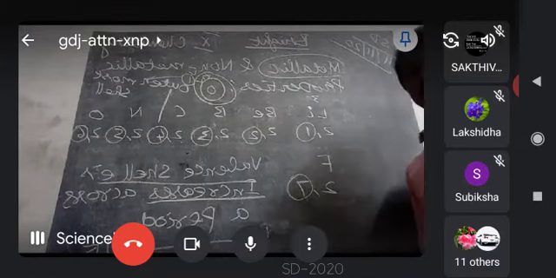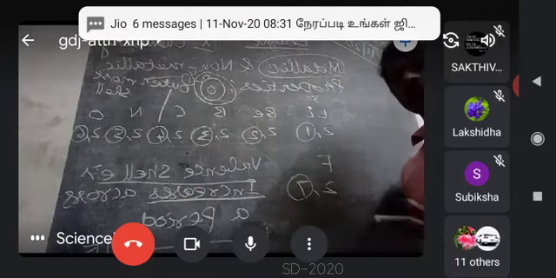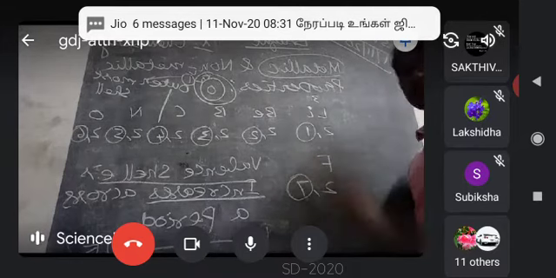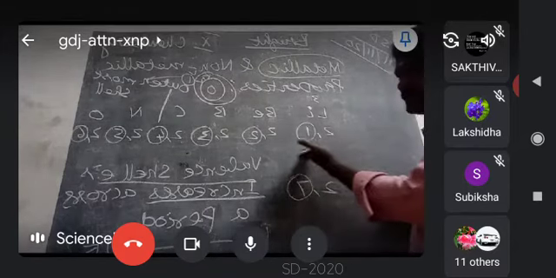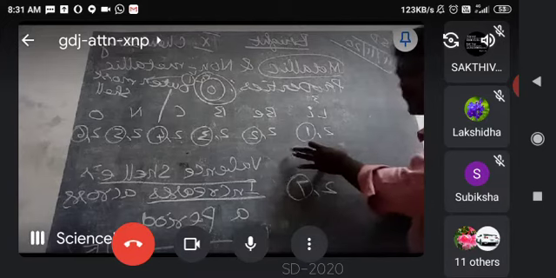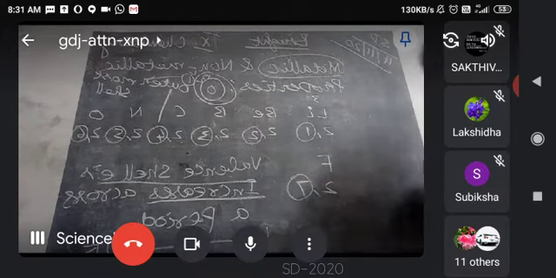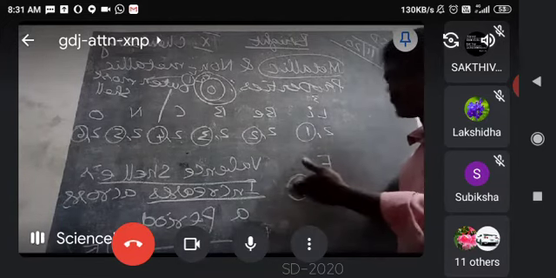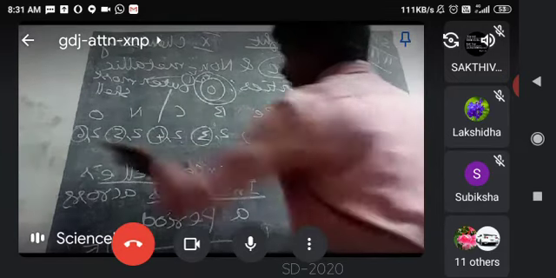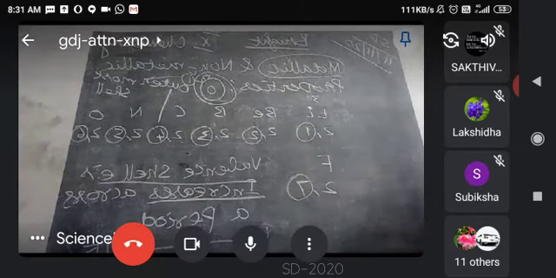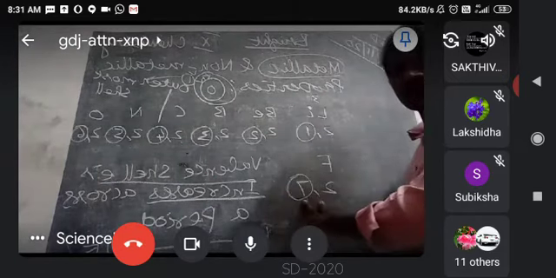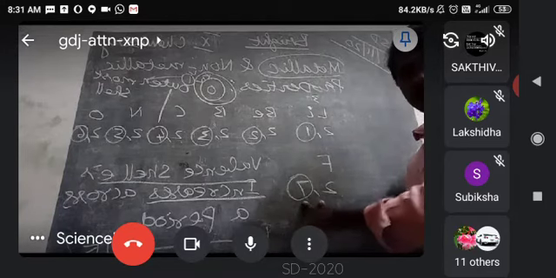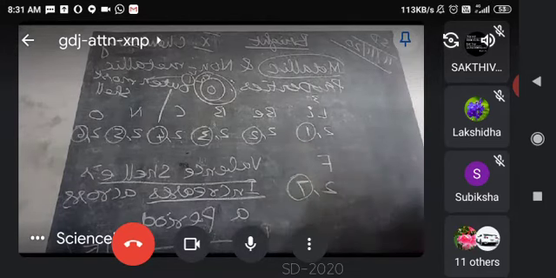Whatever question they have asked, you have to explain with some examples. It is very simple, so I have taken up the second period from left to right. Very easy: you can find only two shells, K and L. With that we can easily explain.